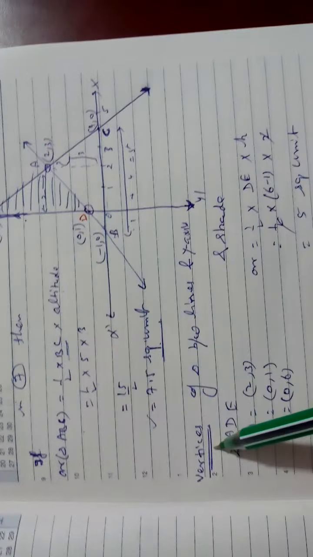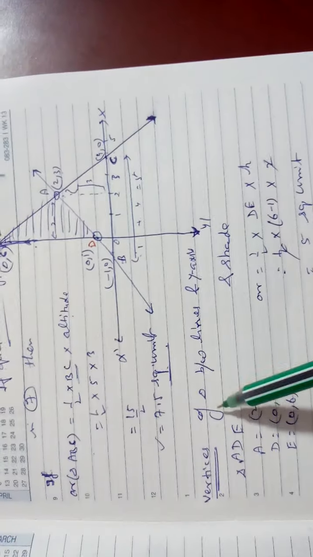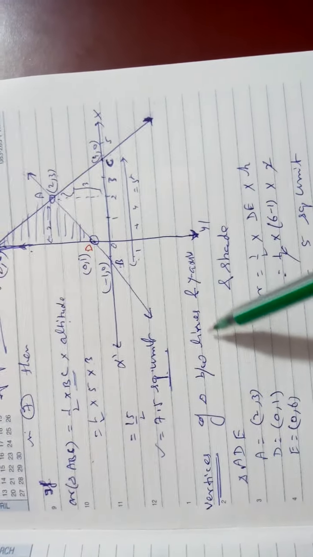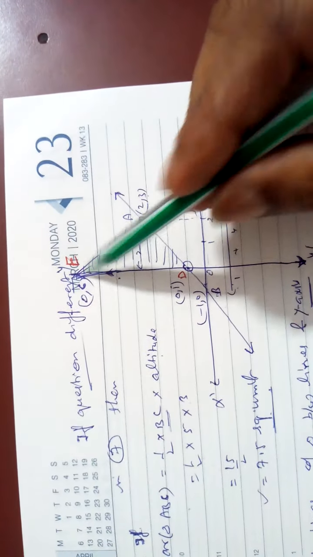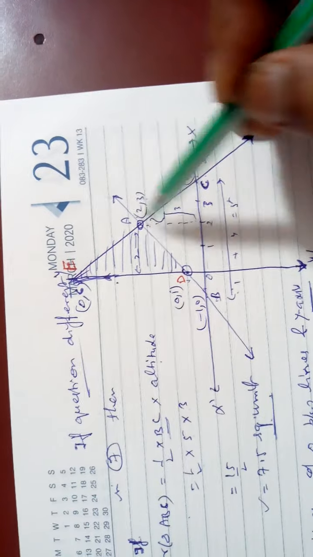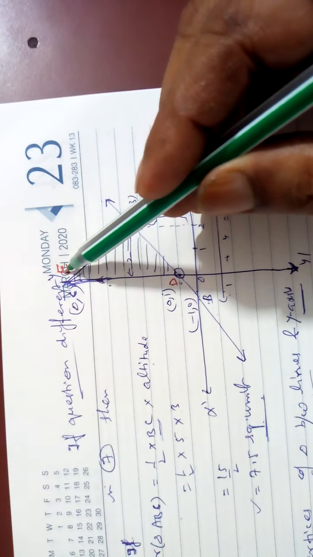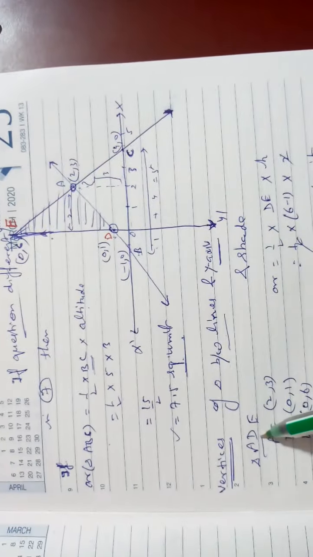If the question was given the vertices of a triangle between the two lines and the y-axis, then you see that the two lines meet at the same point, but the y-axis is this. So this triangle ADE is your triangle which is between the two lines and the y-axis.